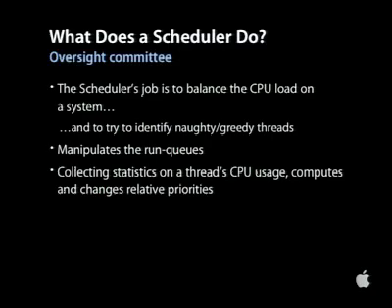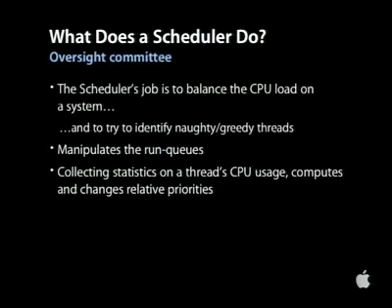Okay, so what does the scheduler do? Essentially, the communication mechanism between the scheduler and the dispatcher is the run queues. Now, earlier I mentioned that the dispatcher finds the highest priority thread that's runnable in the system and then runs it. Well, that's the run queues.